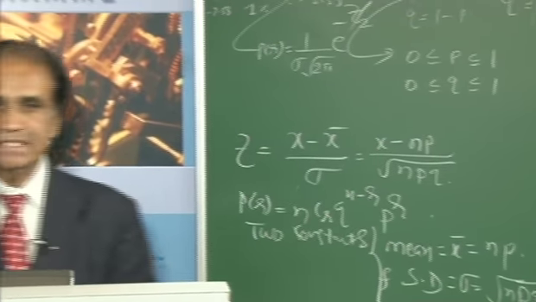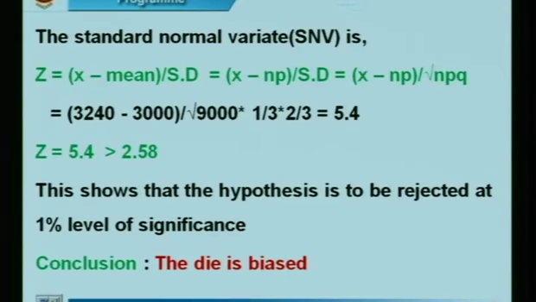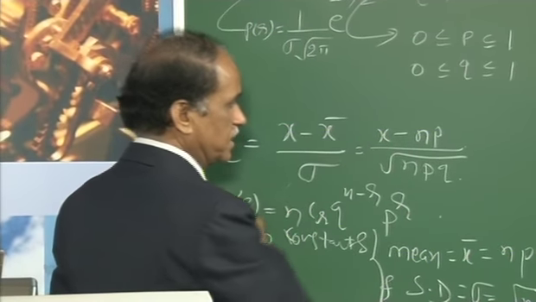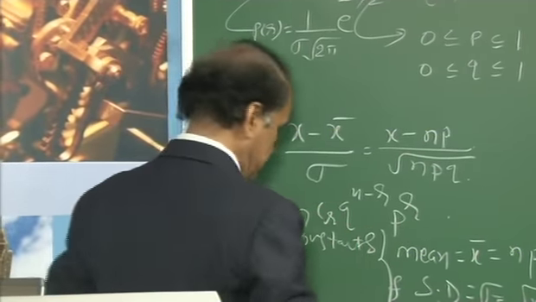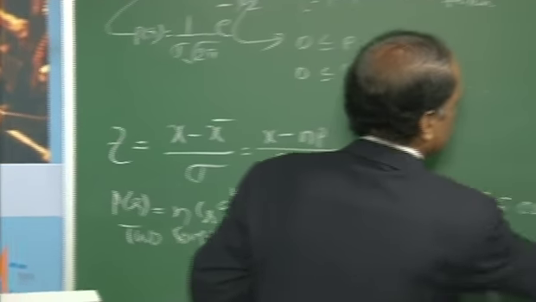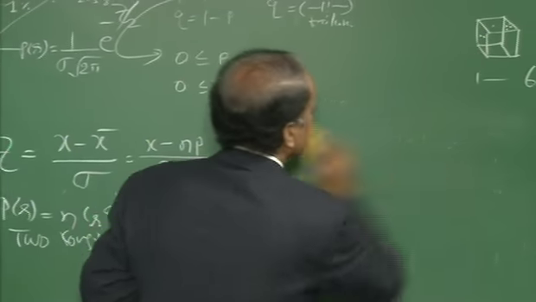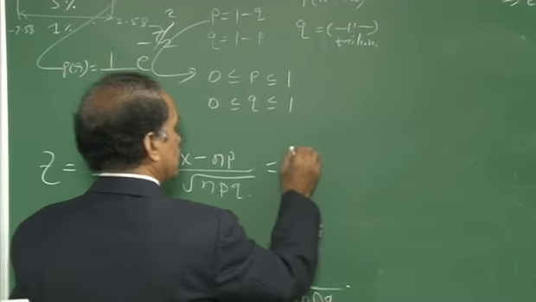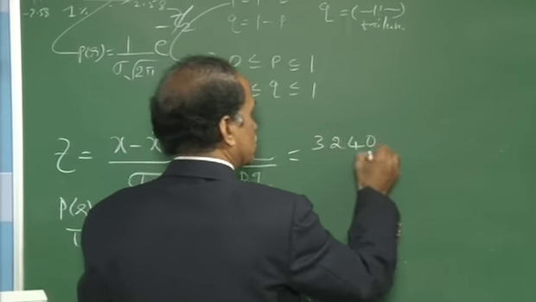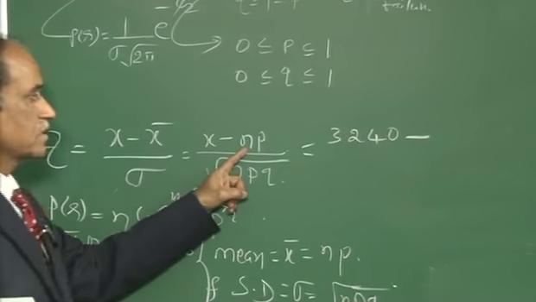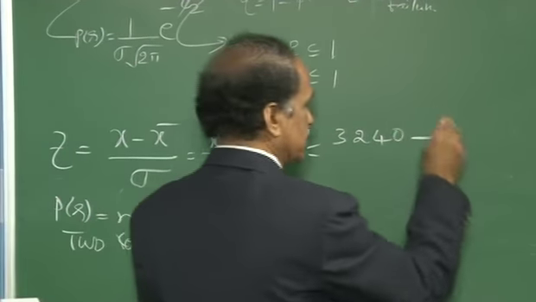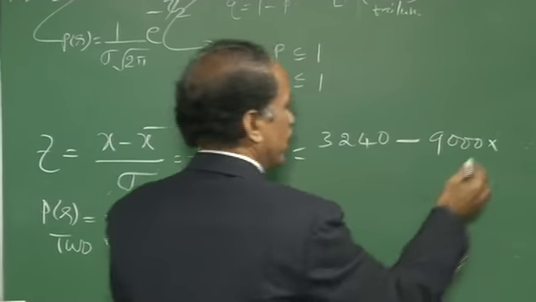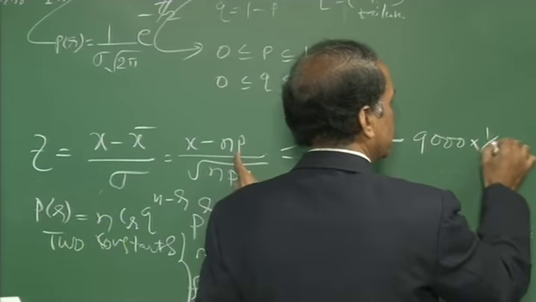Now all these values are available, because x is 3240, the observed number of successes. So I write 3240 minus n into p. N is 9000 and p is 1 by 3.